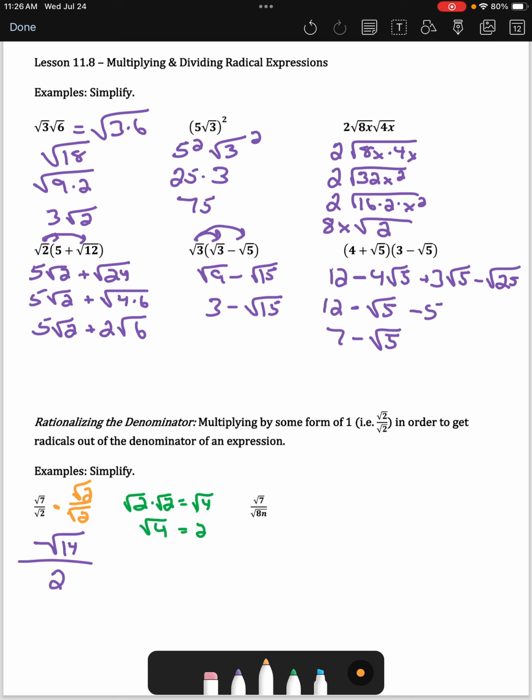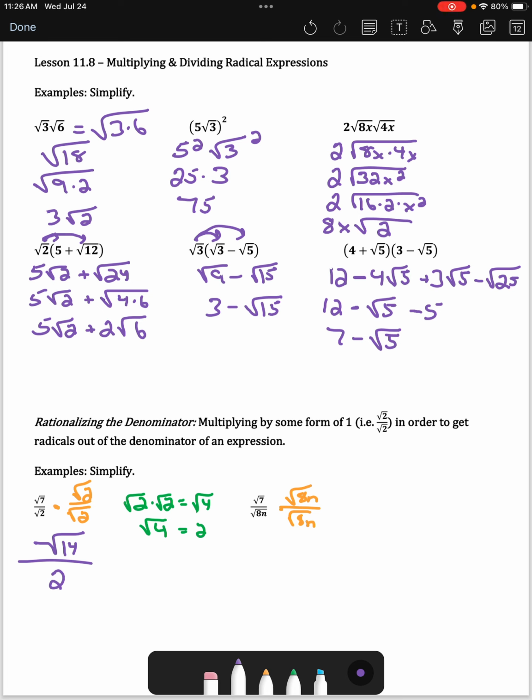Now, in the last example we have here, we have root 7 over root 8n. We could just straight away say, okay, we're going to multiply the numerator and the denominator by root 8n. Because this will work.